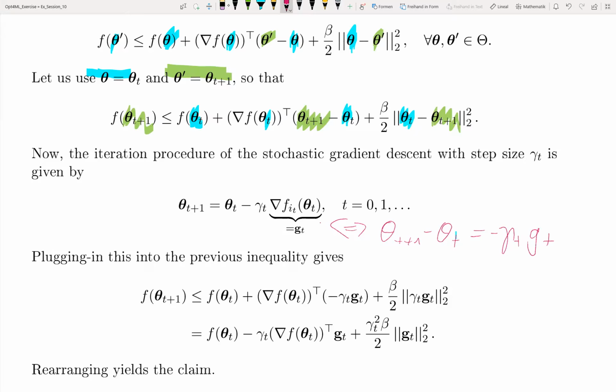We bring theta t on the left-hand side, and then we get this on the right-hand side.